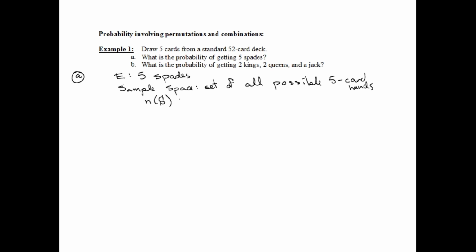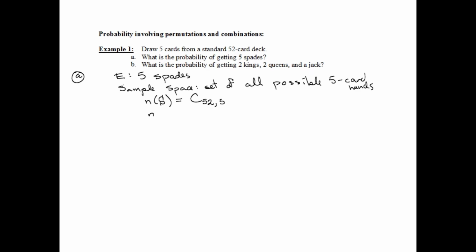Well, how many ways are there to draw 5 cards? When we draw them from the deck and put them in our hand, the order does not matter. Whatever order we receive them, we still consider it the same hand. So that tells us we use a combination. There are 52 cards in all. We are going to choose 5 to be in our hand.